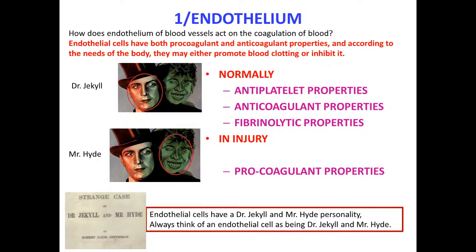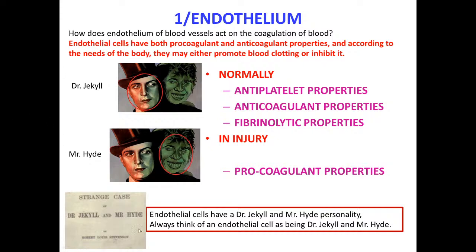How does the endothelium of a blood vessel act on the coagulation of blood? Endothelial cells have both procoagulant and anticoagulant properties, and according to the needs of the body, they may either promote blood clotting or inhibit it.